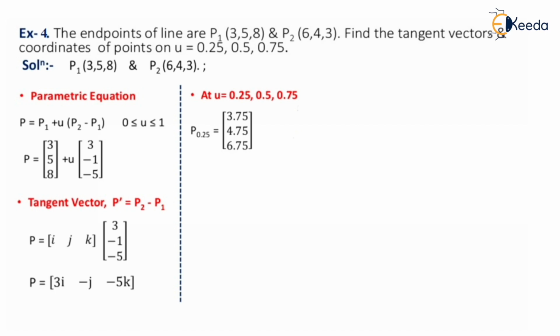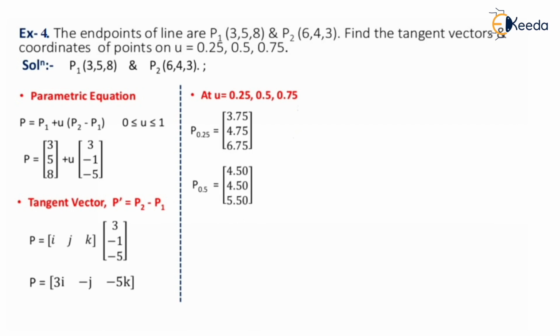Then 5 into 0.25. Okay, so what we get: 3.75, 4.75, 6.75.